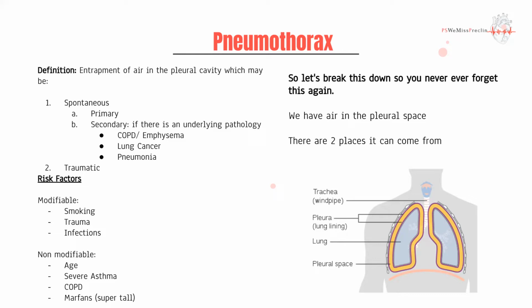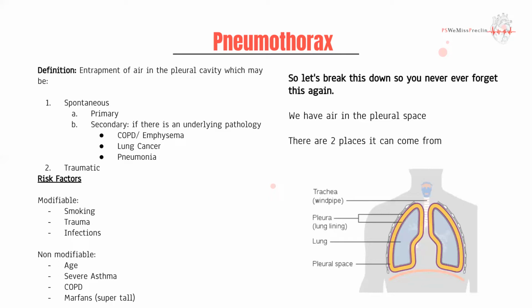These emphysematous bullae are very likely to rupture, and when they rupture, if they're on the periphery, they're going to take some of that visceral pleura with them and rupture and leak air into the pleural space. That's COPD.